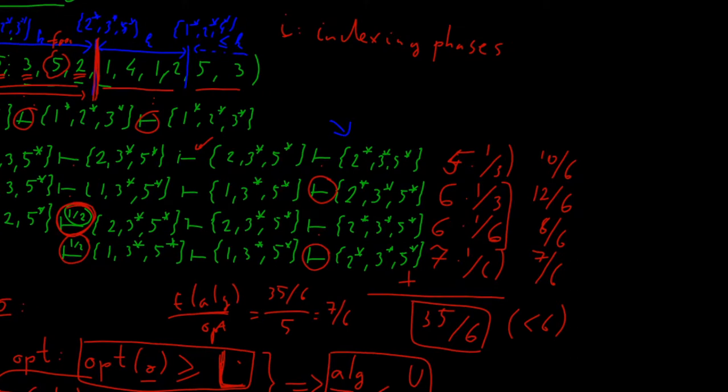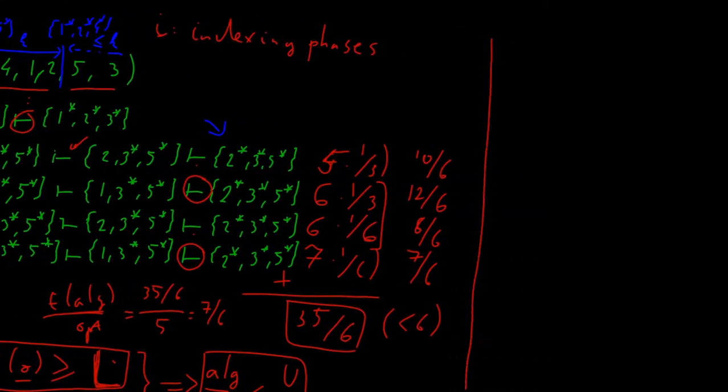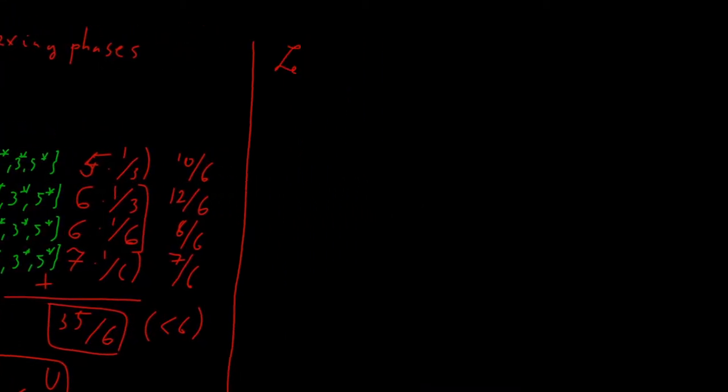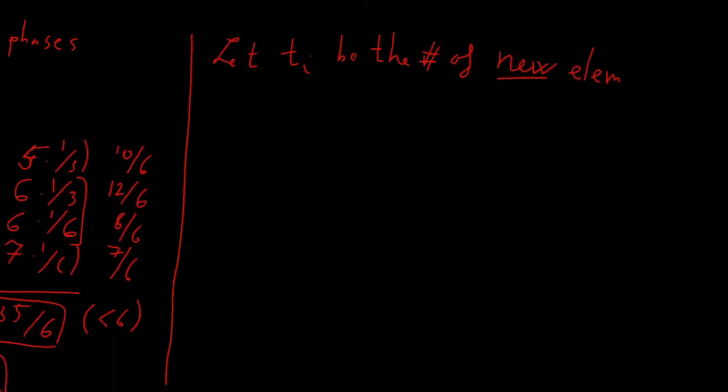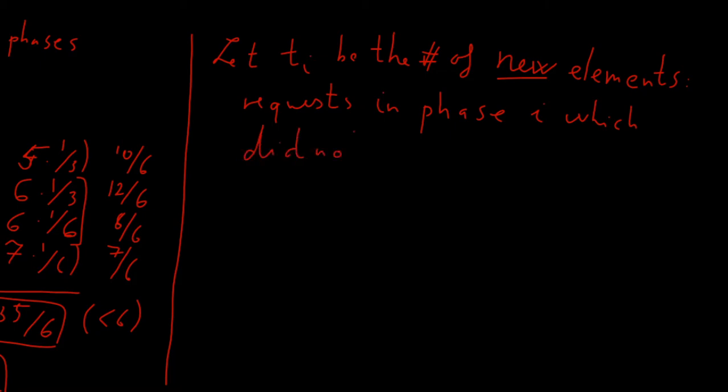So let Ti be the number of new elements, so this means requests in phase i which didn't happen in phase i-1.